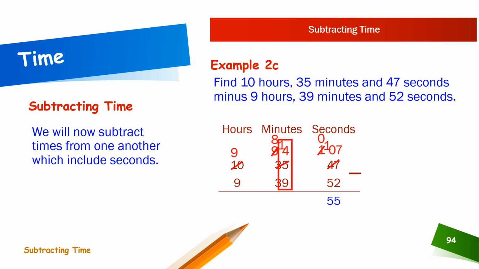So 14 minus 9 equals 5, and 8 minus 3 also equals 5. And finally we can subtract the hours. 9 minus 9 simply gives us 0. And so our answer is 0 hours, 55 minutes and 55 seconds, which we can of course express as 55 minutes and 55 seconds.